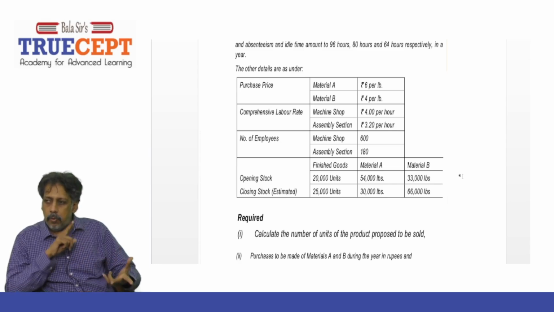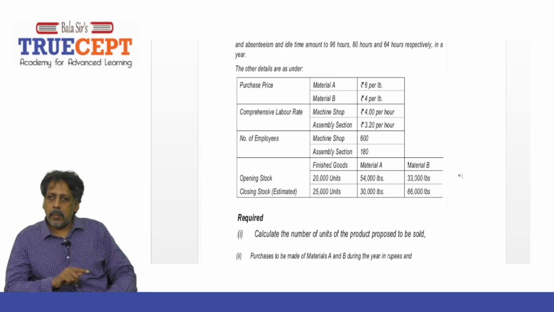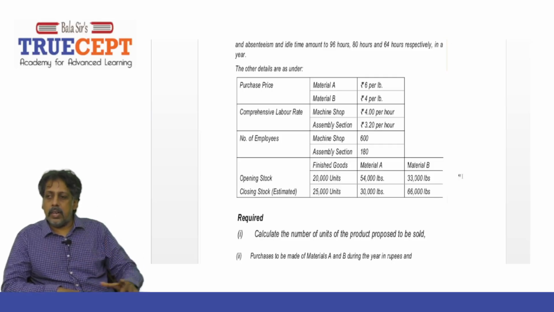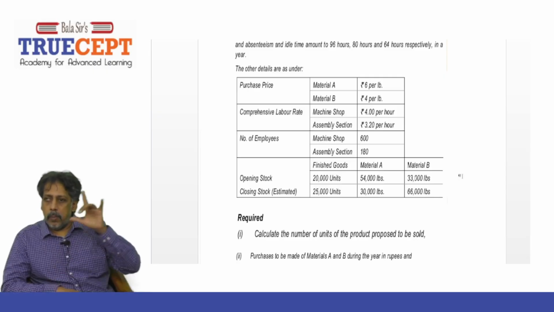It is 4 rupees in the machining department and rupees 3.2 per labor hour in the assembly department. Next. Number of employees in machine shop is 600 and assembly section is 180. There are 600 persons employed by the machining department and 180 employees in the assembly department.